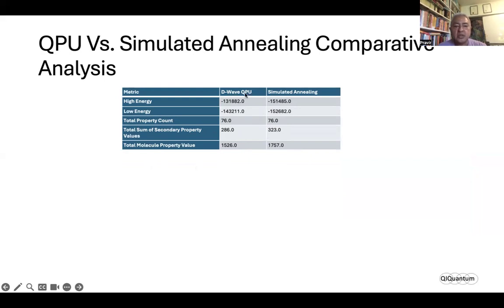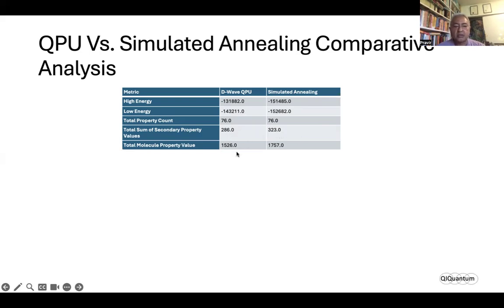So basically, using the QPU, we can see that the lowest energy was negative 143,000. And in simulated annealing, it was a lower energy of negative 152,000. And so we can see that they were in the ballpark. The total properties assigned to the molecules were 76, and the total sum of secondary property values was 286 versus 382.